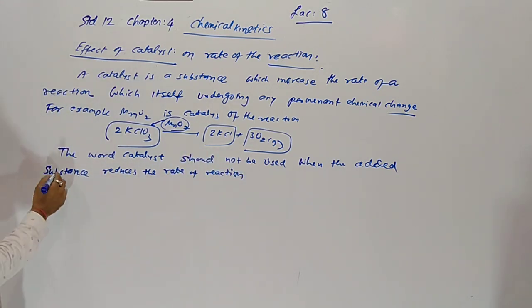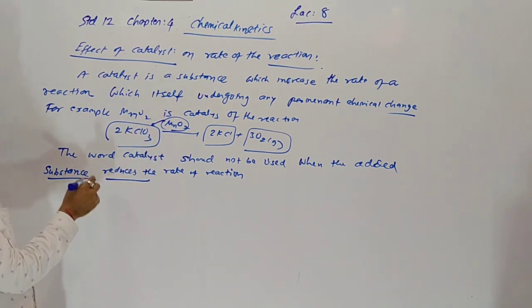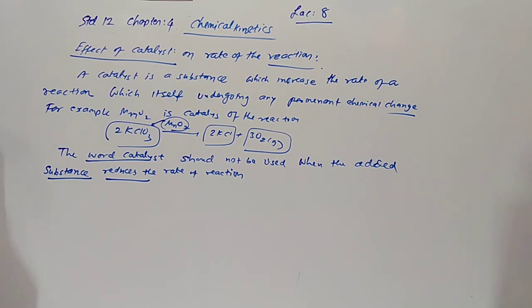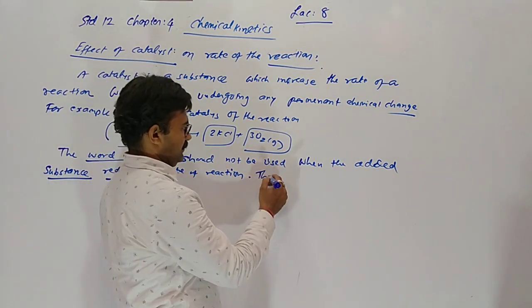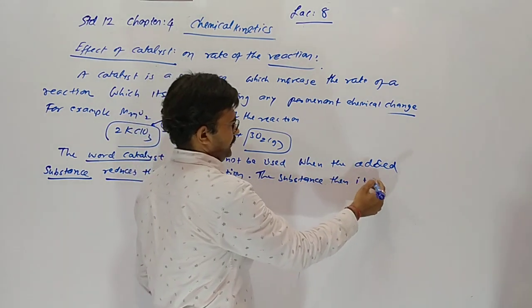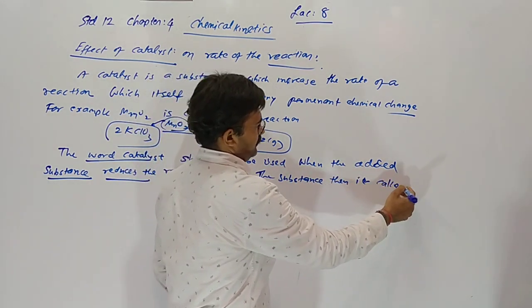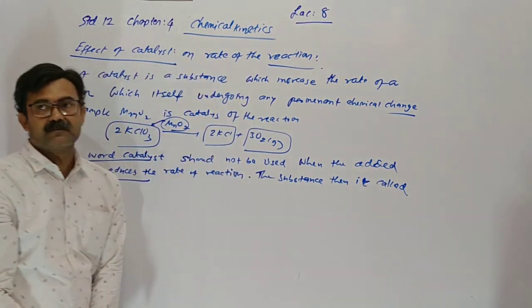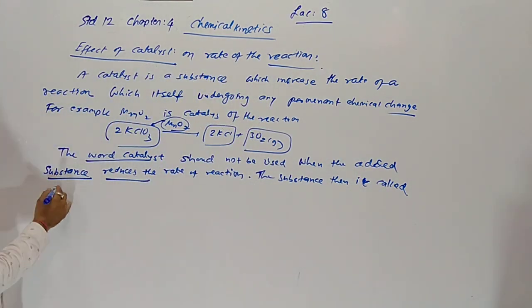Substance which we are adding in the reaction, if it reduces the rate of reaction, then we can't use the word catalyst. Then it is called an inhibitor, not a catalyst.